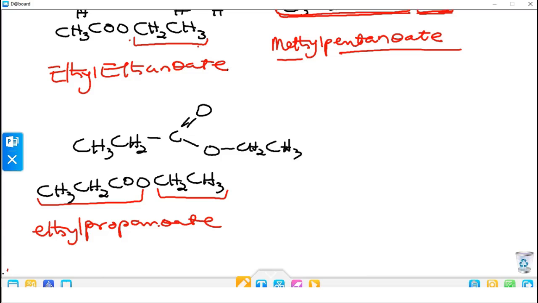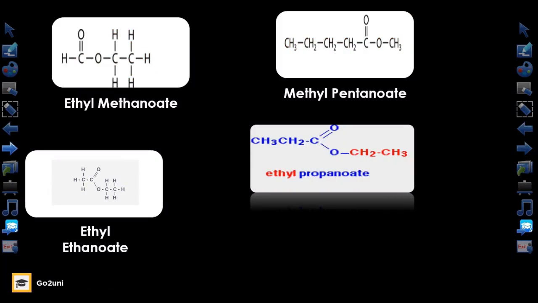And that is why the name of the compound, as we can see, is ethyl propanoate. So this is how to name our ester. Let's take a look at another example.